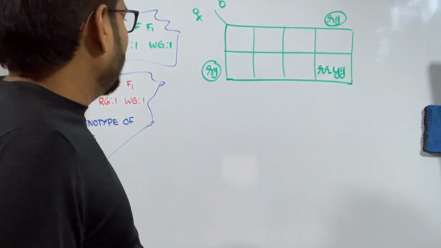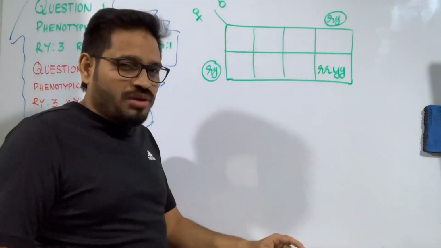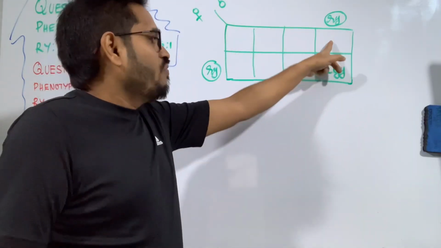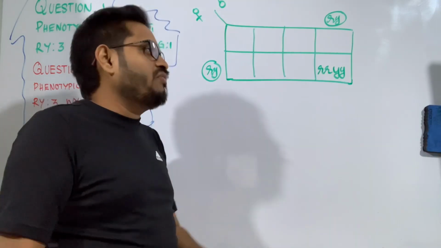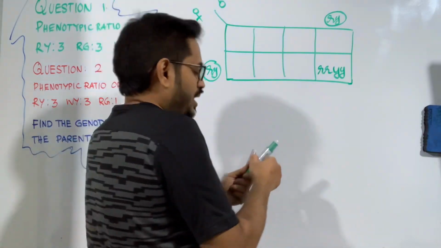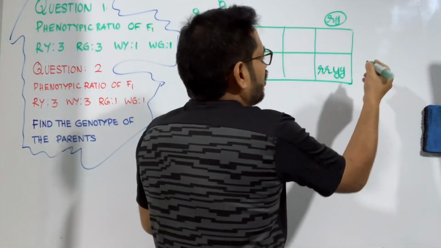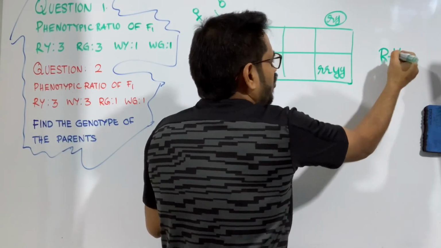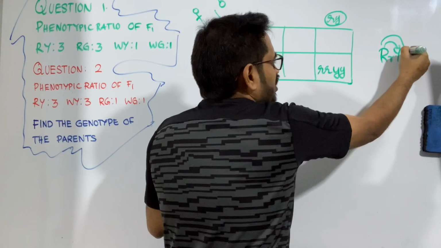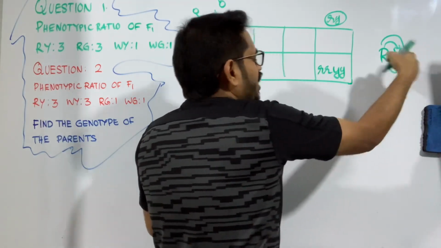Let us go for step 4. Once you have done that, check out our checkerboard. Our Punnett square has got 4 cross 2. 4 gametes are produced if and only if the parent is double heterozygous for the feature. For example, capital R, capital Y, small y can make 1, 2, 3, 4 kinds of gametes.